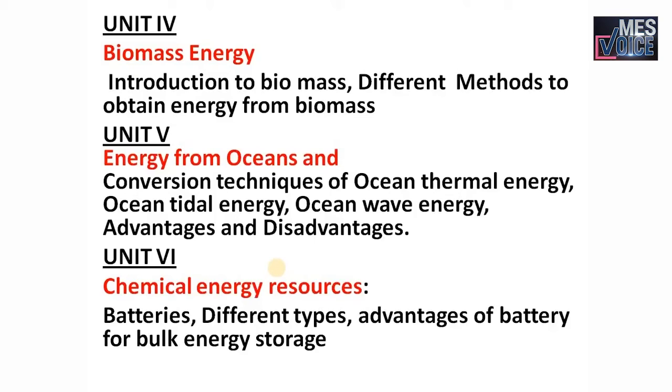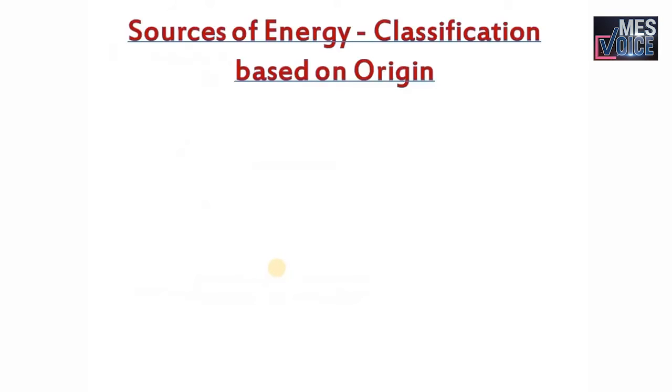There are very advanced modern batteries which can be charged very quickly and discharged with constant power. Modern cars, hybrid cars and electric cars, need such advanced batteries to operate. Such things will be discussed in unit 6. So this is the description of the entire syllabus in a nutshell.